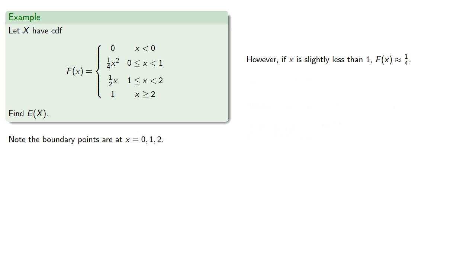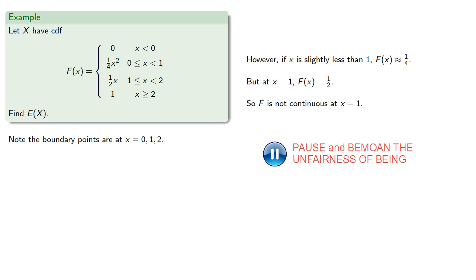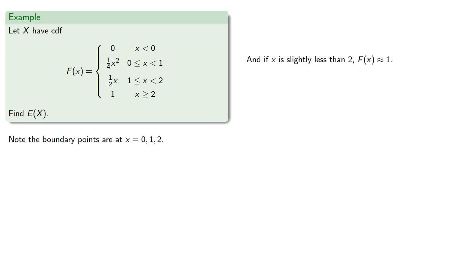However, if x is slightly less than 1, f of x is about a quarter. But at x equals 1, f of x equals 1/2. So f is not continuous at x equals 1. And if x is slightly less than 2, f of x is about 1, while if x is 2 or more, f of x is 1, so f is continuous at x equals 2.